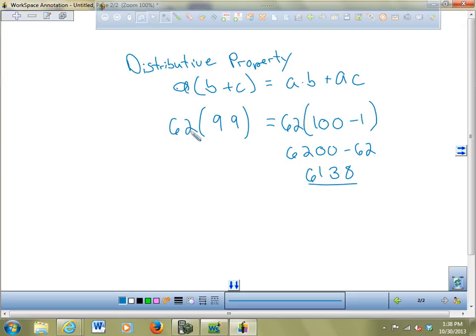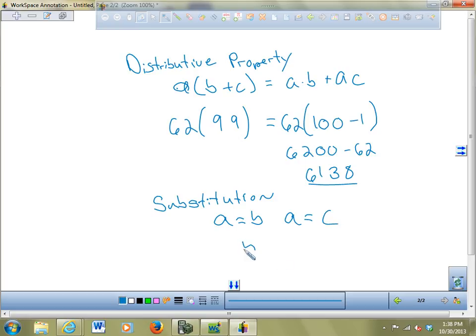And lastly, there's a substitution property, which we're going to use today a little bit. If A equals B, and A is also equal to C, what else can you say?